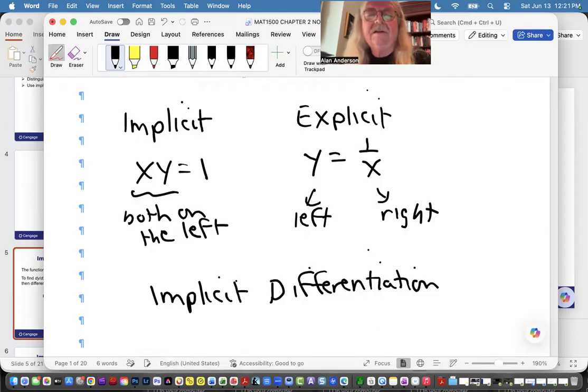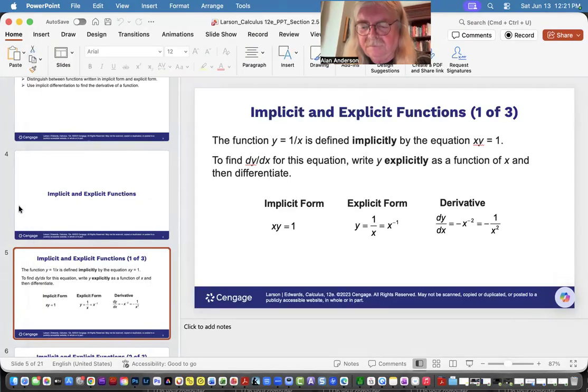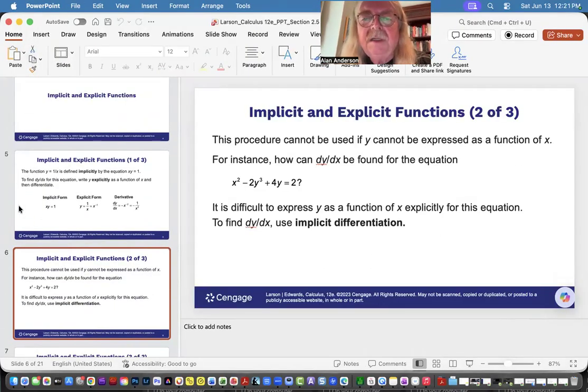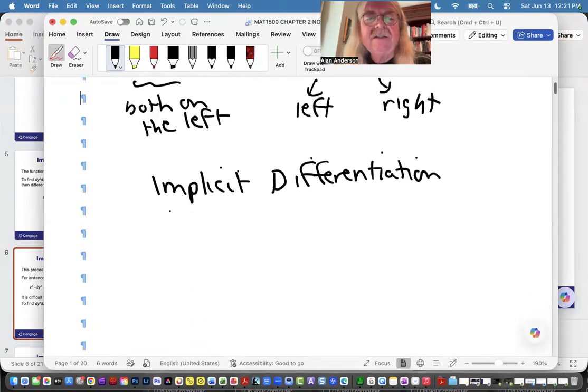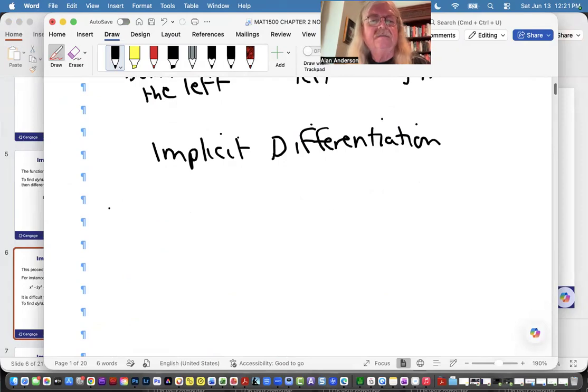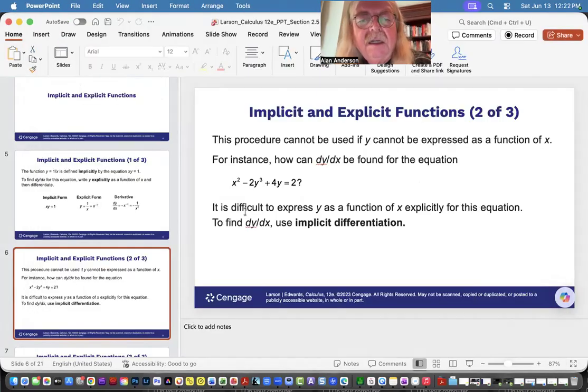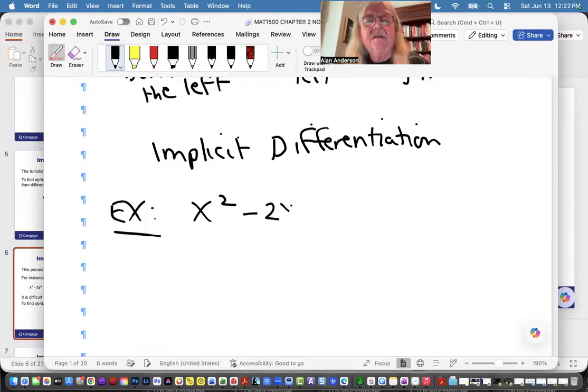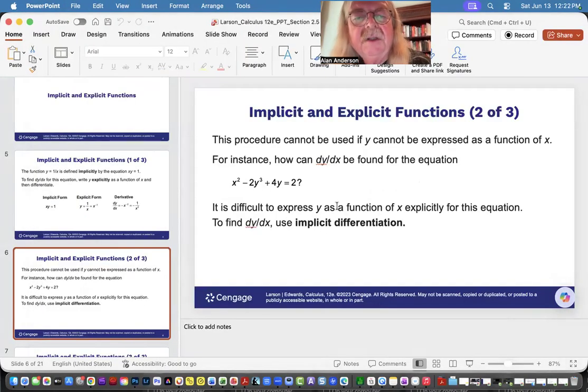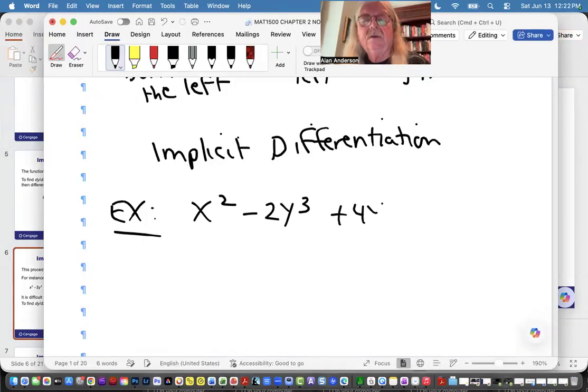All right, so how does this work? Here's one. If you look at this, x squared minus 2y cubed plus 4y equals 2. Now you can see both the x's and the y's are on the left-hand side.